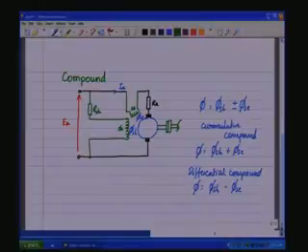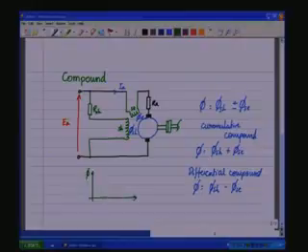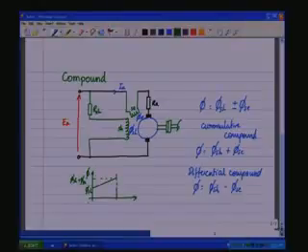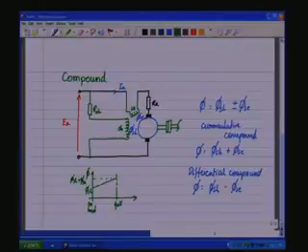So, the flux in the machine is going to increase from, let us say, phi shunt value to phi shunt plus phi series value as the load increases from no load to full load.